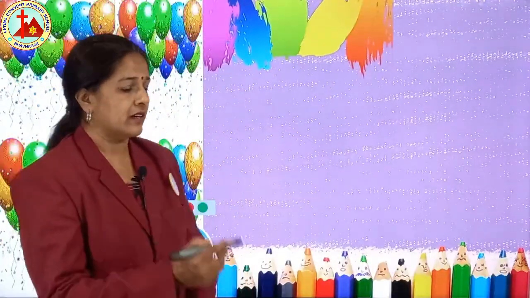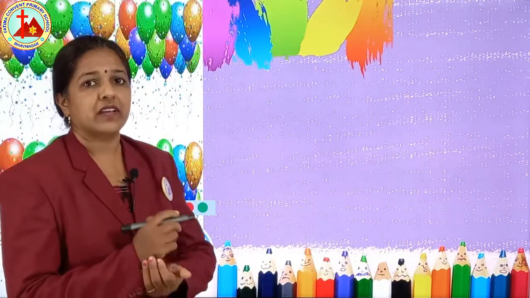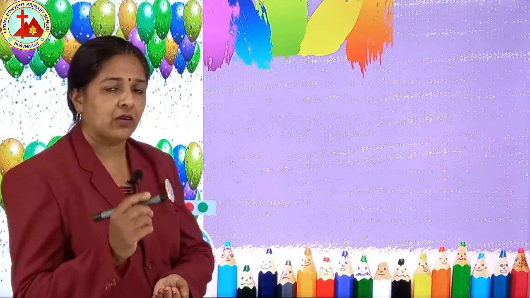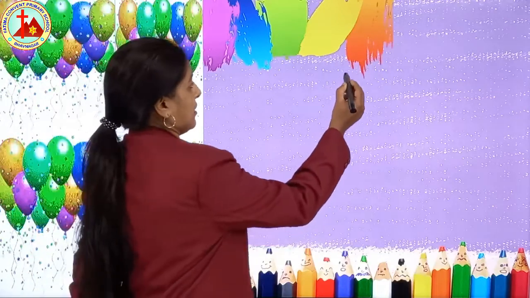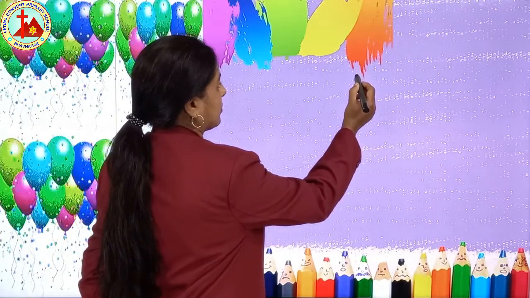Now we will learn to trace cursive capital O. We will learn the formation of how to write it. So look carefully here, children, and follow the method I am teaching you.